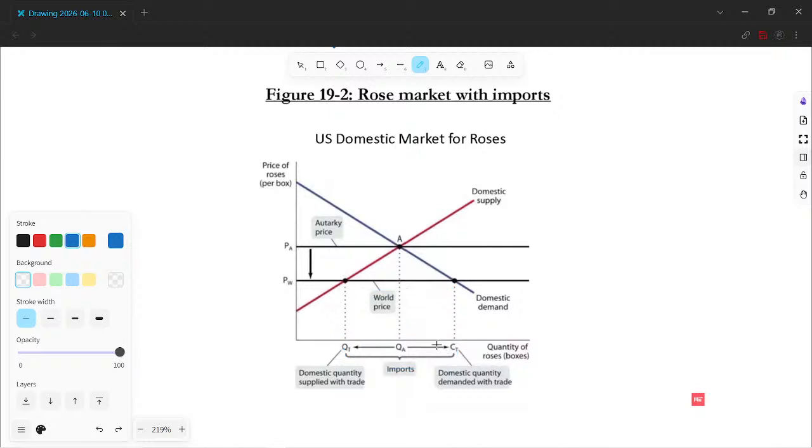Okay. So quantity A is the gap. How much is produced? Okay, to meet the new domestic demand, which is at the lower price. CT, domestic quantity demanded with trade. Yeah, at the lower price. Quantity trade.